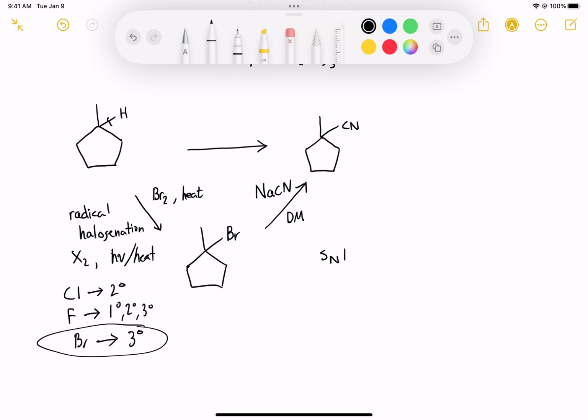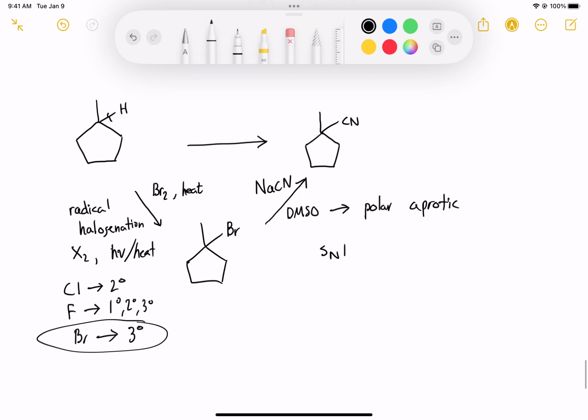So any polar aprotic solvent. Since we want to favor substitution and not elimination, we want to make sure we use a polar aprotic solvent so it favors SN2 or SN1.